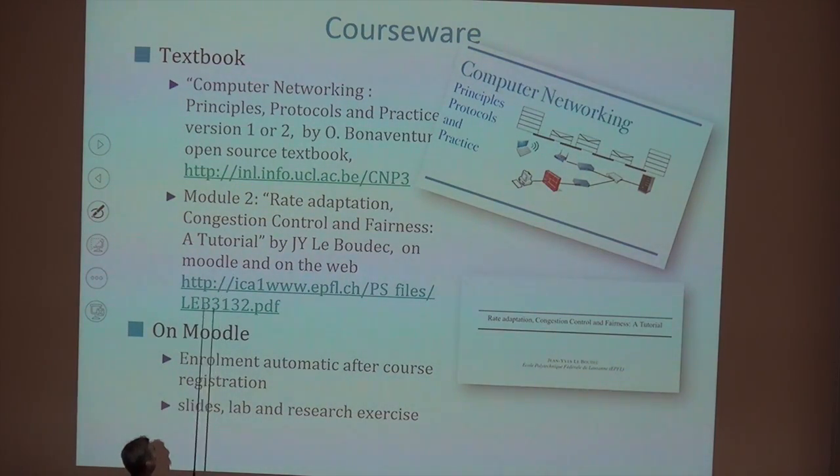You can find it in PDF, in EPUB format. Unfortunately, there are two versions. Some things are better explained in edition 1 than in edition 2, so you have to live with it. But it's very, very readable, very easy to read. So if you have any complements you would like to have in addition to the slides, or if you have any things you would like to go deeper or is poorly explained in the slides, then you can go to this textbook.